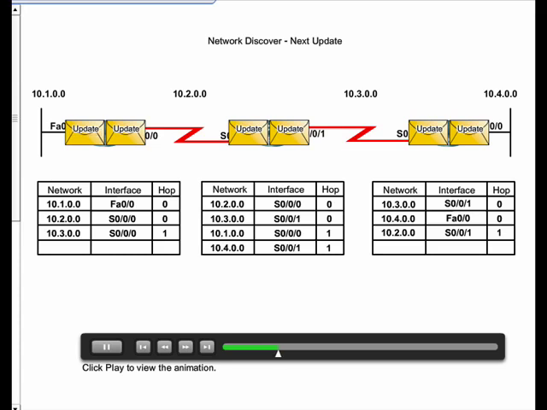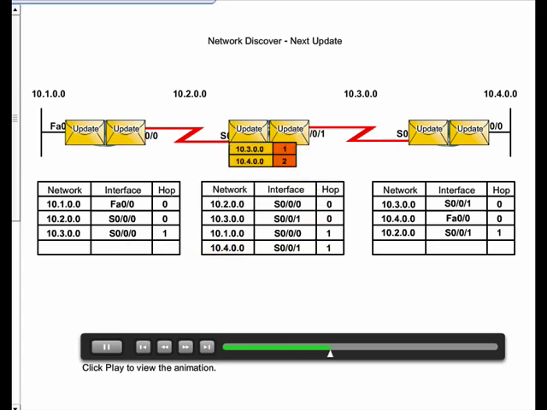This animation shows R1 sending an update about each of its networks and which interface is associated with that network. It receives an update from R2 about network 10.4.0.0 with a metric of 2 and adds that information to its routing table.